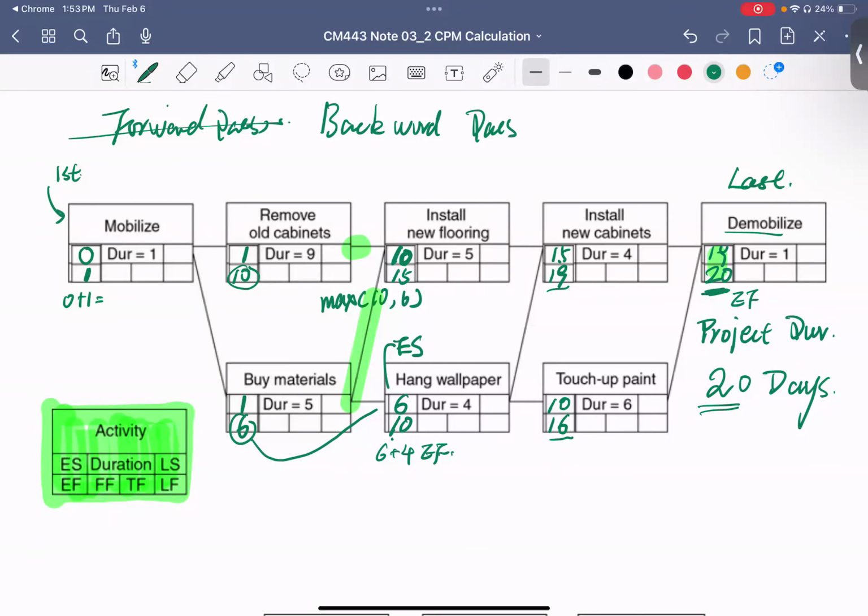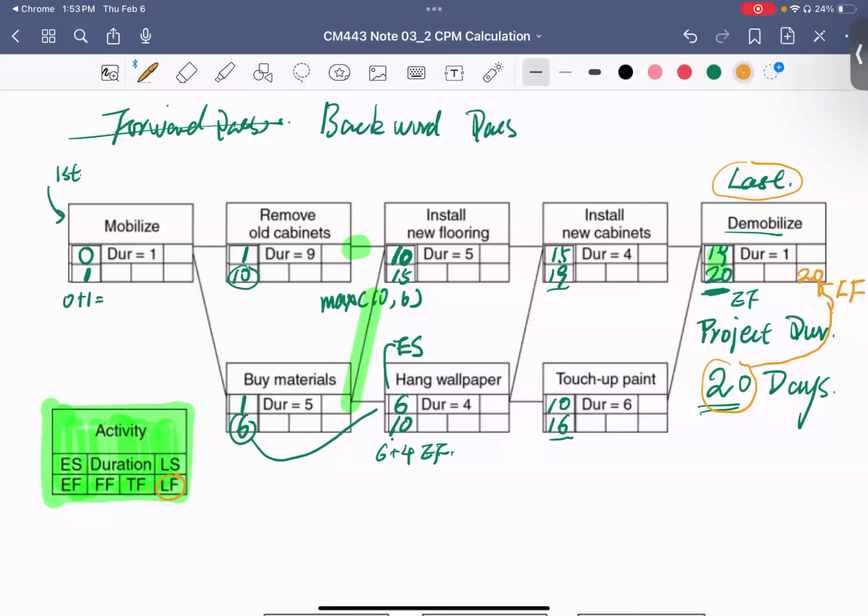Okay, for the backward pass, I'll change to another color. The backward pass starts with your last activity, and you assign your project duration, 20 days, to the late finish time of your last activity.